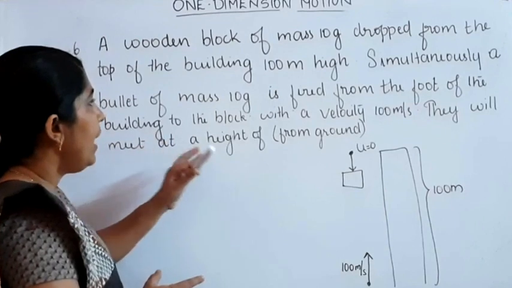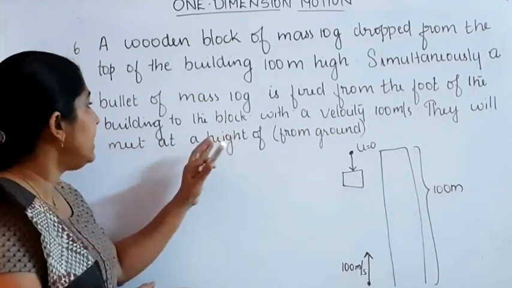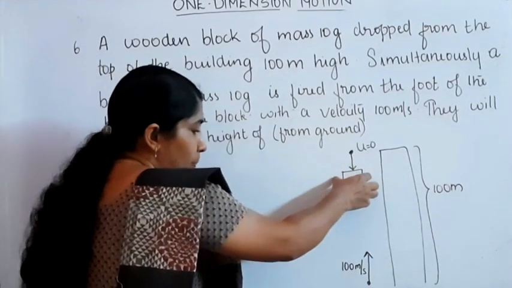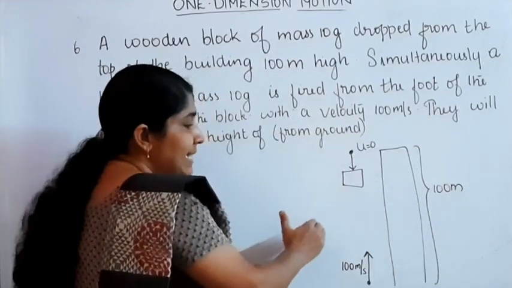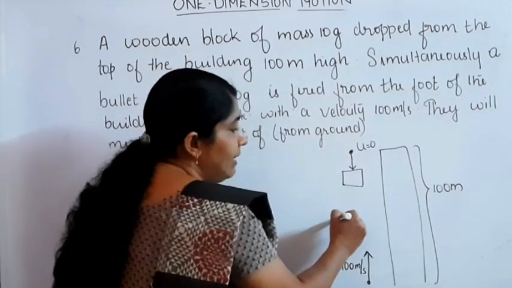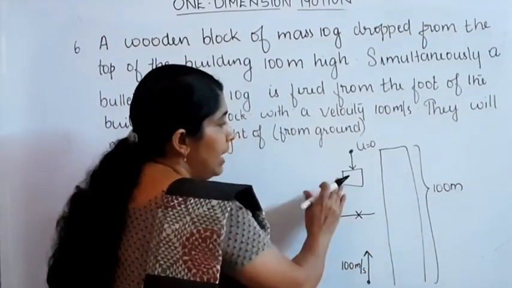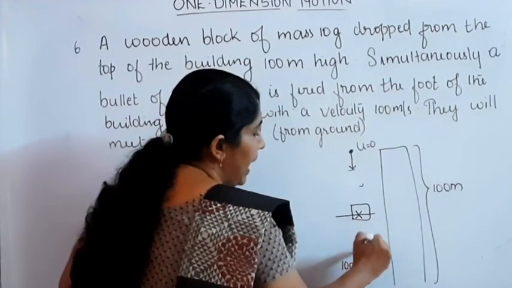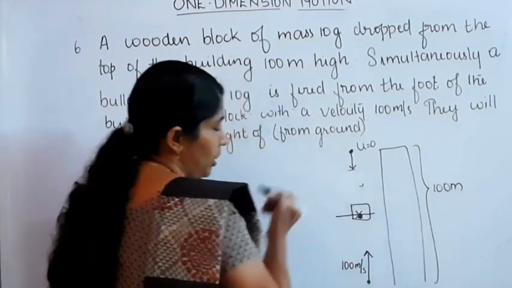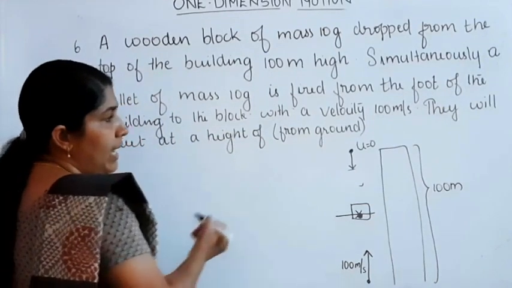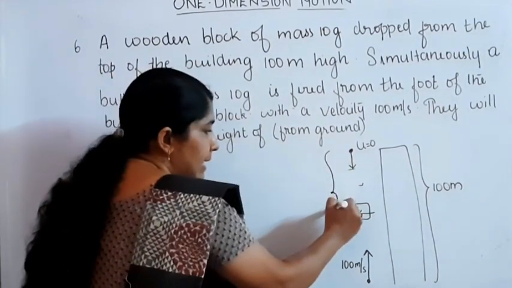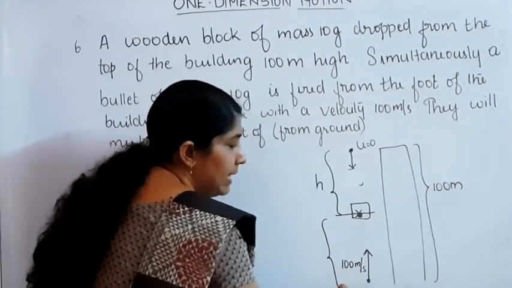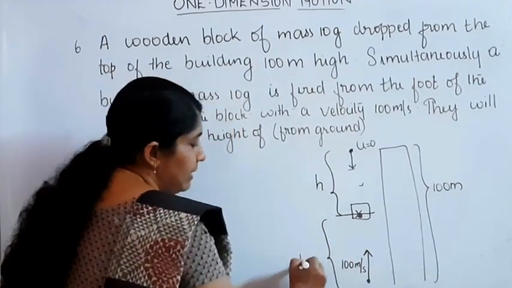Now the wooden block and the bullet will meet at some point, at some height. Suppose this height is taken as h, then the remaining height is 100 minus h.